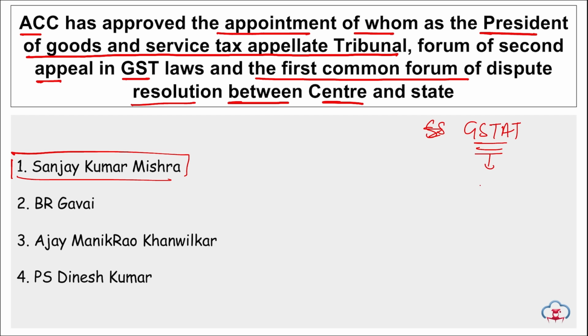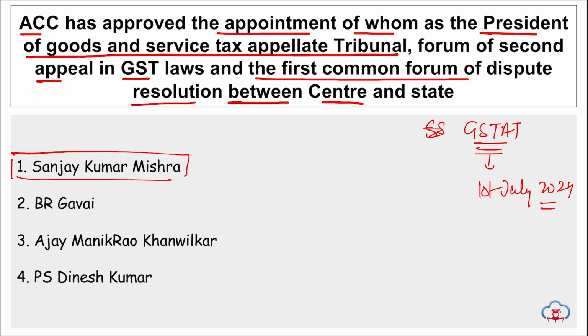It will be starting its operation on 1st of July 2024. And it is the forum of the second appeal in GST laws and the first common forum of dispute resolution between the center and state. Correct?